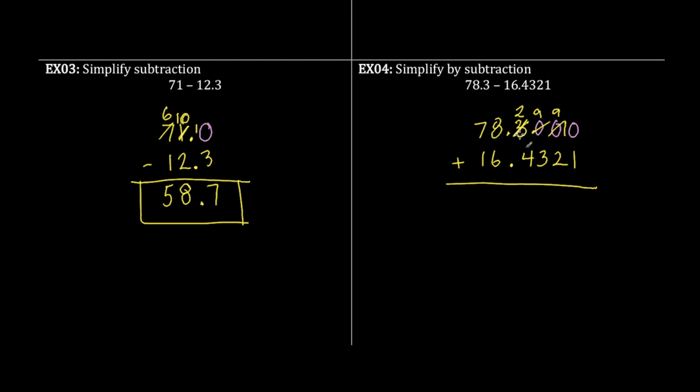Just know that these ones might be tricky for you, so just always come back to this example if you need. And then 9 minus 2 is 7, 9 minus 3 is 6, 2, okay, so we need to borrow here. So that's 8, that's 1, and that's 6.